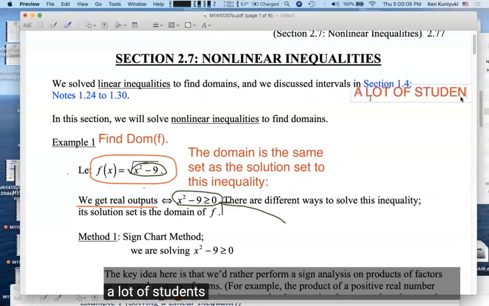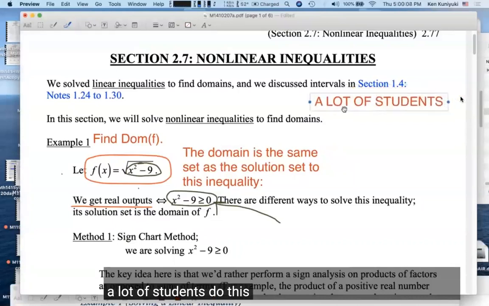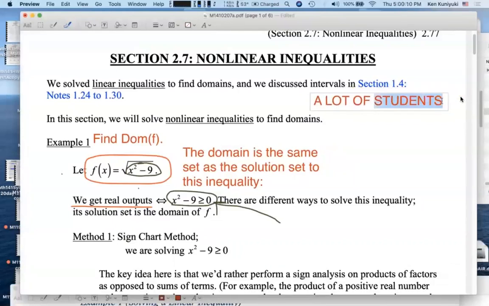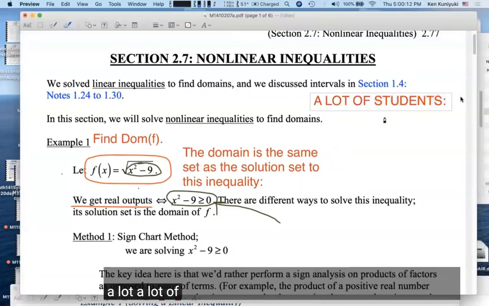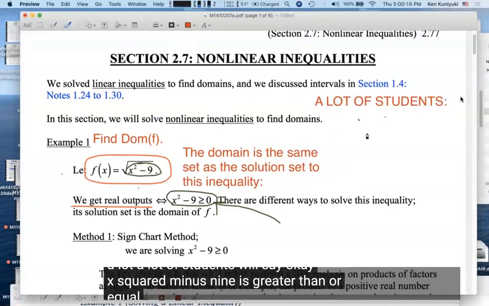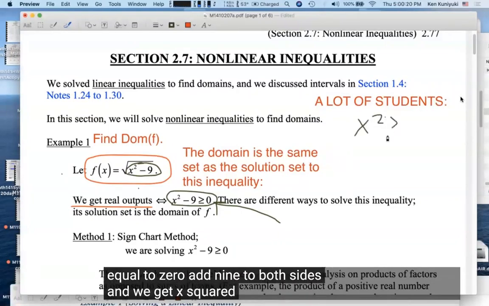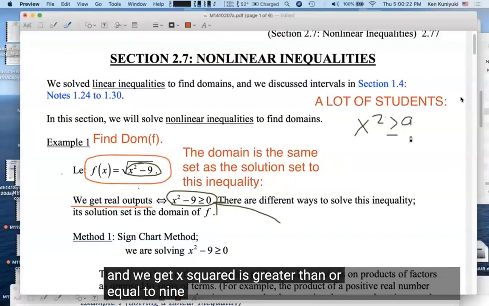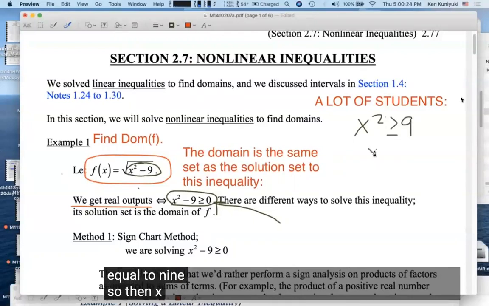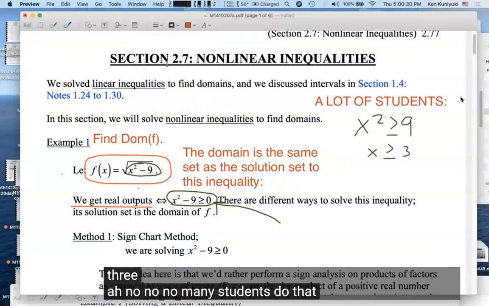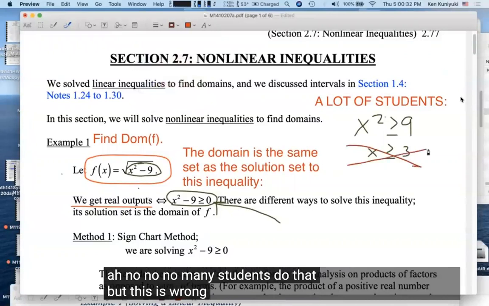A lot of students will say, okay, x squared minus 9 is greater than or equal to 0. Add 9 to both sides, and we get x squared is greater than or equal to 9. So then x is greater than or equal to 3. No. Many students do that, but this is wrong.